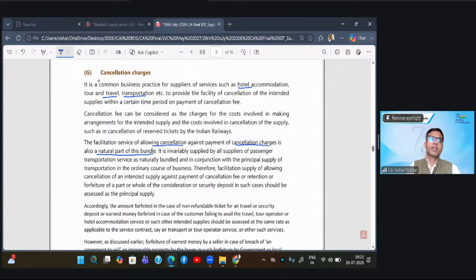Along with it, I have another facility that you can even cancel this stay for some charge. So the facility is given by the supplier. It may be the supplier of the transportation service or the hotel service, and it is part and parcel of the principal supply.